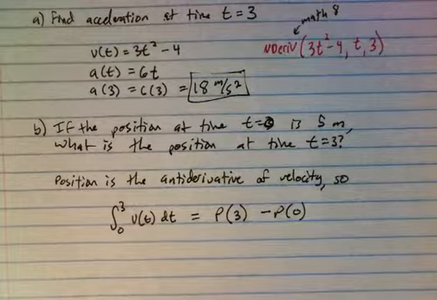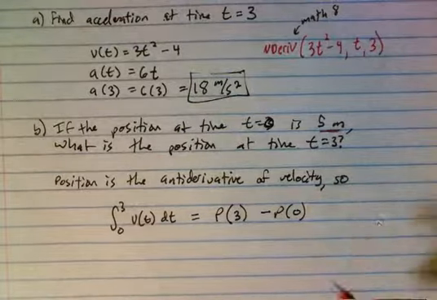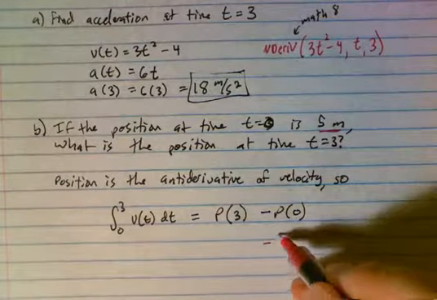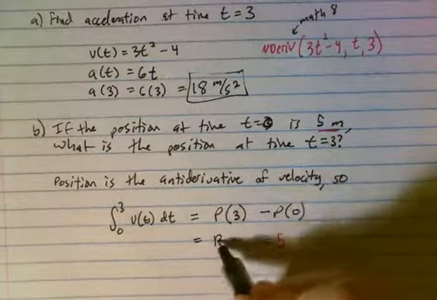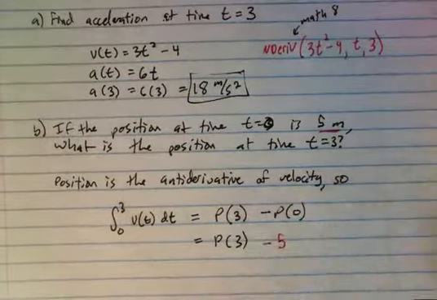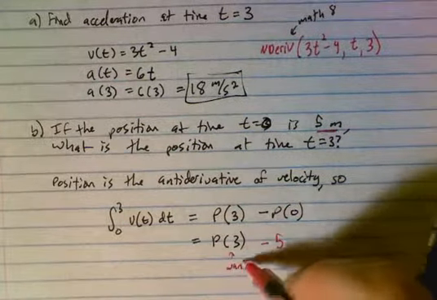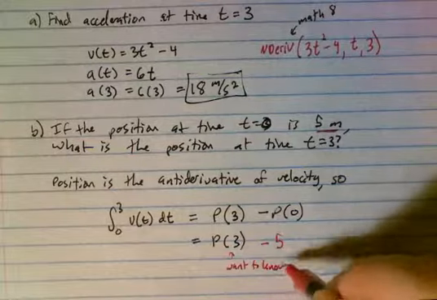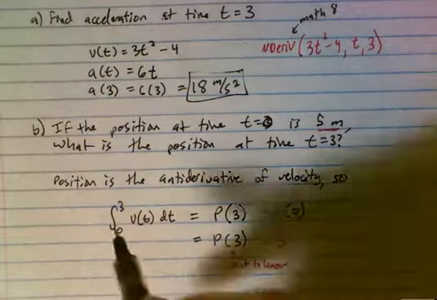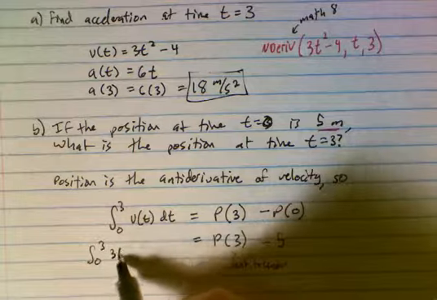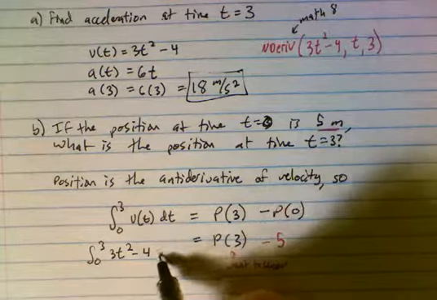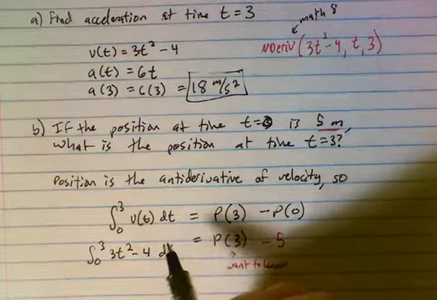Now we know that the position at time equals 0 is 5 meters, so I can pop that right in here. We're looking for this. And we can find this. This is the integral from 0 to 3 of 3t squared minus 4 with respect to t.